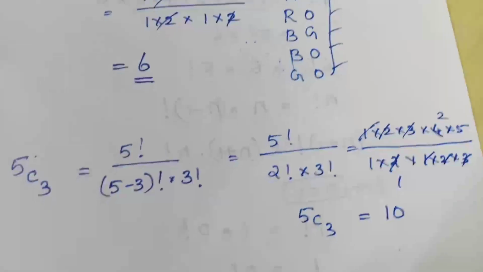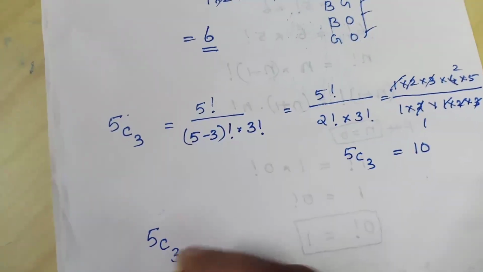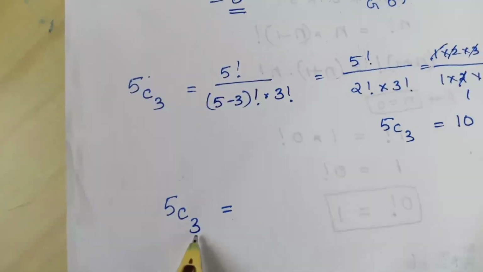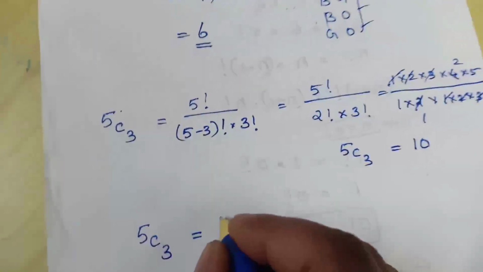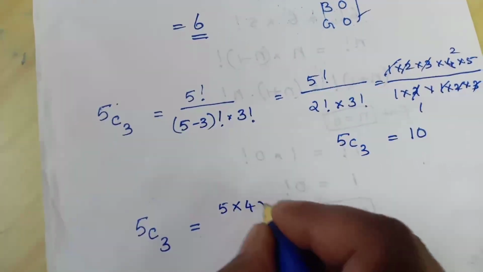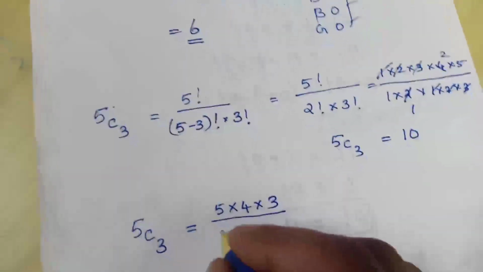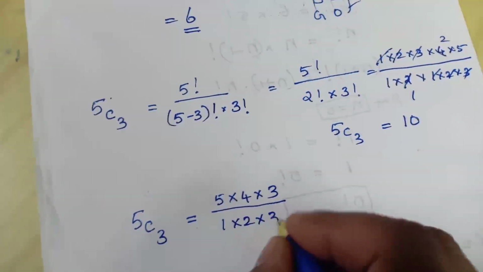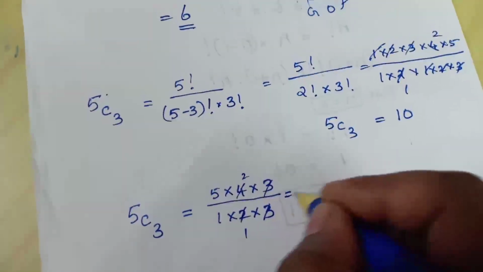Without using the formula, we can do it in a short way. 5C3: r is 3, so we have to write up to 3 terms, starting from 5. So 5 into 4 into 3 divided by 1 into 2 into 3. The 3 gets cancelled. 1 2 is 2, 2 2s are 4, 5 2s are 10.